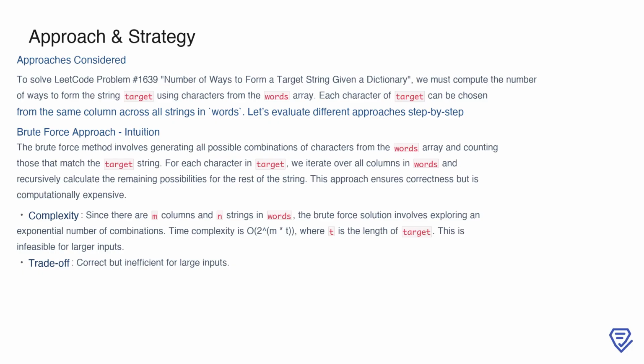For each character in the target, we look at all columns in the words array and recursively compute the possibilities for the remaining part of the string. While this approach is straightforward and guarantees correctness, it is computationally expensive. Since we have m columns and n strings, the number of combinations grows exponentially with the length of the target string, resulting in a time complexity of O(2^(m*t)). This makes the brute force method infeasible for larger inputs despite its simplicity.